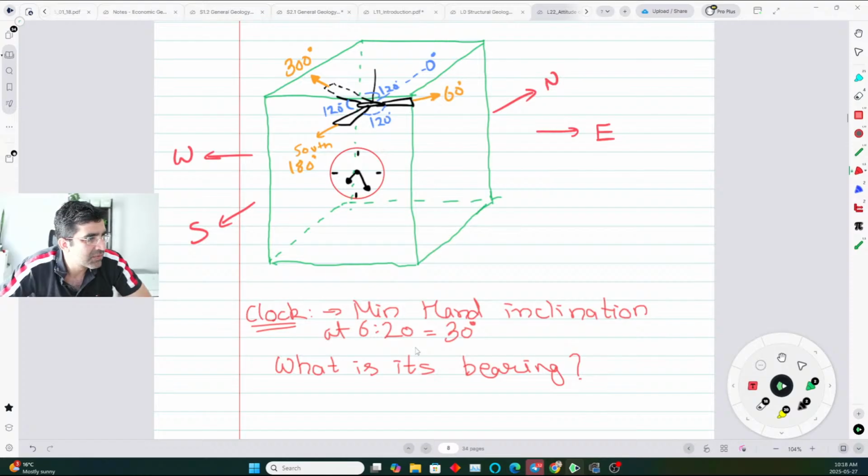Sir, from north to east it is 90 degrees and 30 degrees more. This angle of 30 degrees, in which plane is it? Vertical plane. It is on this wall, right? So that 30 degree angle is this angle.